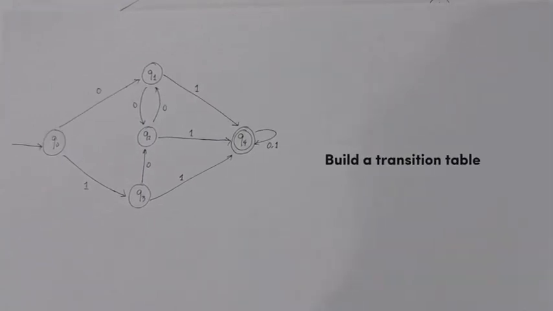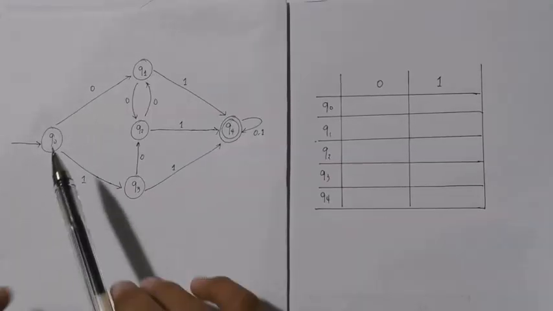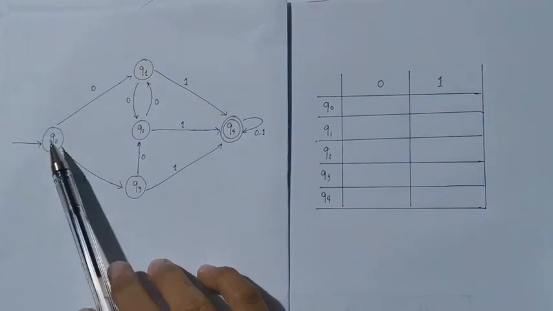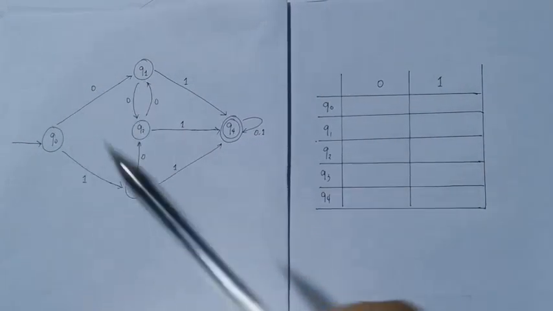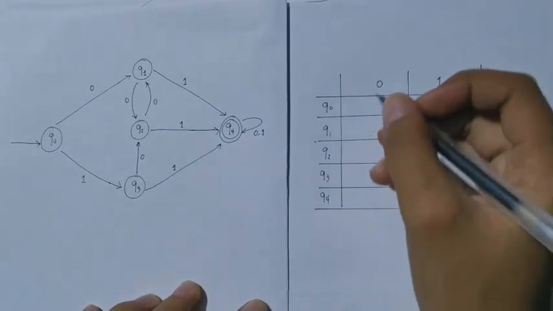The next thing that we're going to do is to build a transition table. Here we can track the destination or the stations where you stopped. From Q sub 0 or station 1, bus number 0 went to Q sub 1 or station 2.